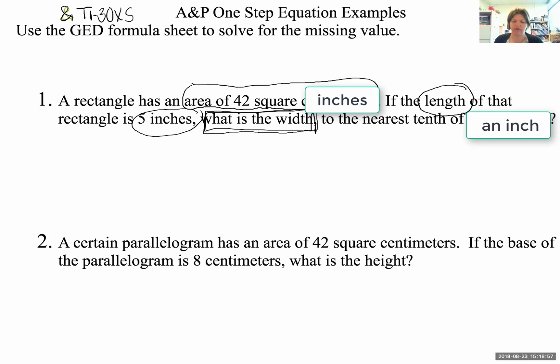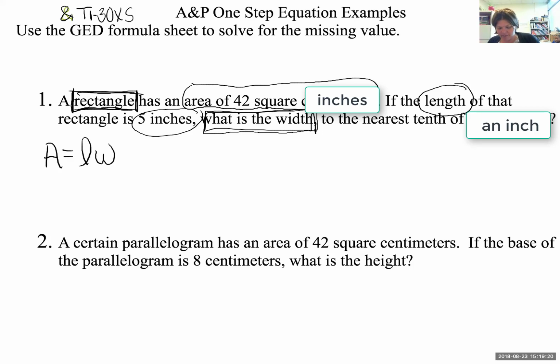I need a formula that relates area, length, and width. Anybody, any ideas? Do you guys have your formula sheets with you? LW. Yes, exactly. Thank you, Kaylee. A equals LW, or area is equal to length times width.